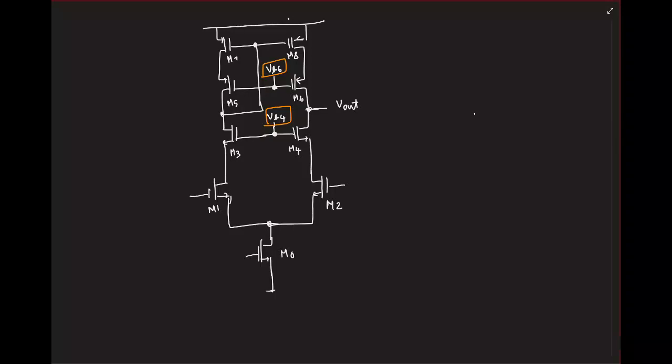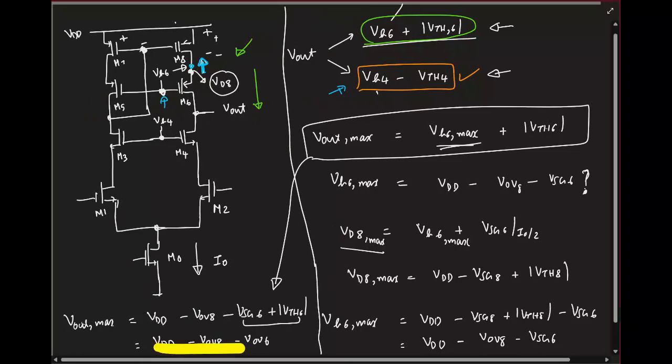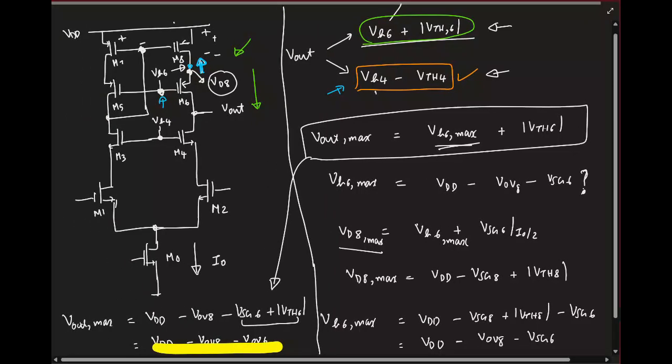Now, as we saw earlier, these voltages have their own ranges, and let us say I want to fix these voltages so that output can go maximum and minimum. And by the way, here we have found the maximum output like this, right? VDD minus 2 overdrive.